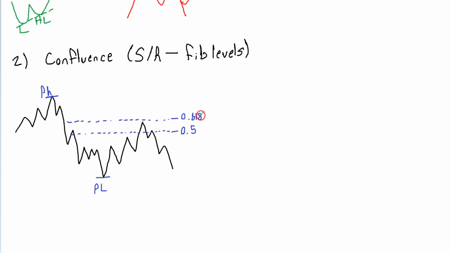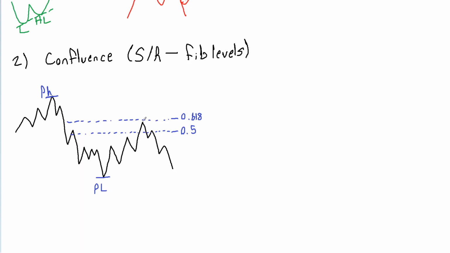So these are the two most important fib levels, and the reason they are the most important, at least from what I was taught and what makes sense to me just from seeing it work over and over and over again, is that what happens at these fib levels is algorithms kick in. I don't know if they're the big whales that make the market, or it's just a bunch of individual people that use these levels.